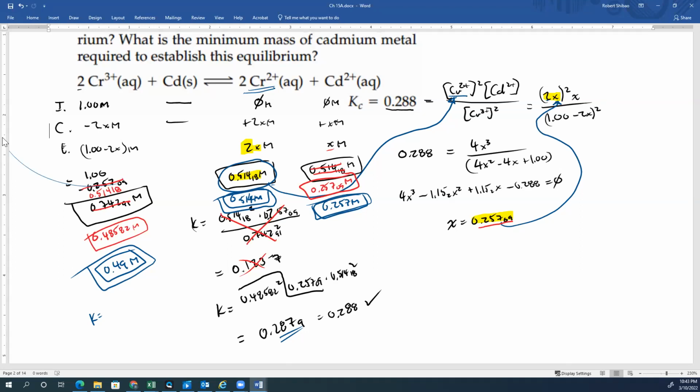Let me try one more time. 0.514 squared times 0.257 equals, divided by 0.49 squared. Yeah, I did 0.282. 0.2827. And so this goes to 0.283.